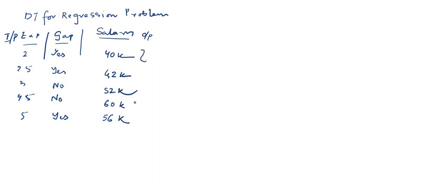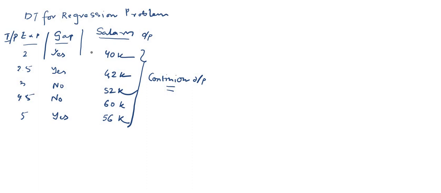So this is our continuous output. That's why this is a regression problem, because when any new data comes, we have to predict what the salary will be, and it can be 57, 56, anything.